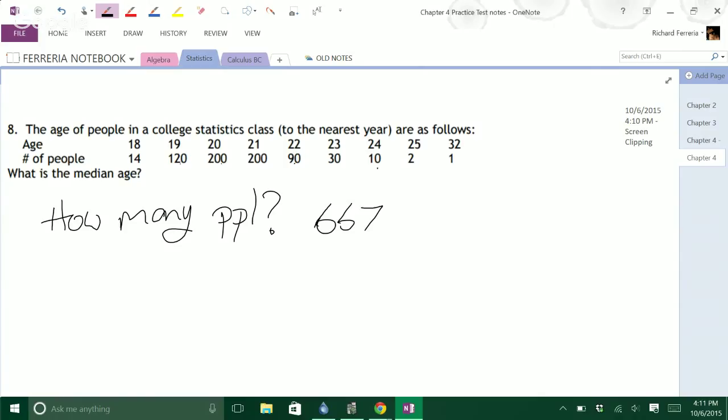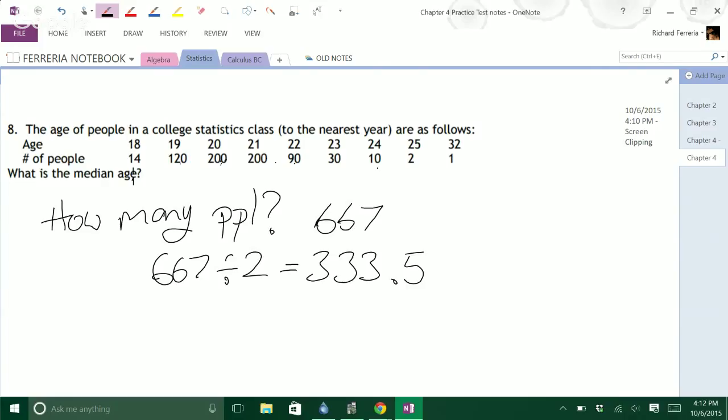Okay, so divide that in half. That's 333.5. So it's going to be the 334th person. Usually when we do this, it's not going to be vague. It's not going to be in between 2 different categories. So where's the 334th person? Oh, wow. I just said it's not going to be vague, and it is vague.